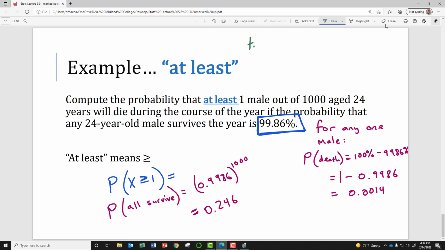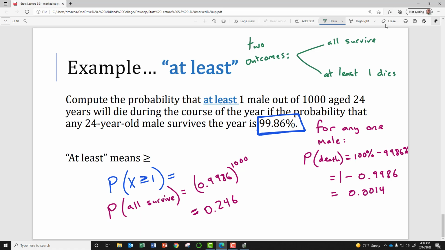The two possible outcomes that I'm thinking of for our experiment is going to be either all survive or at least one dies, right?